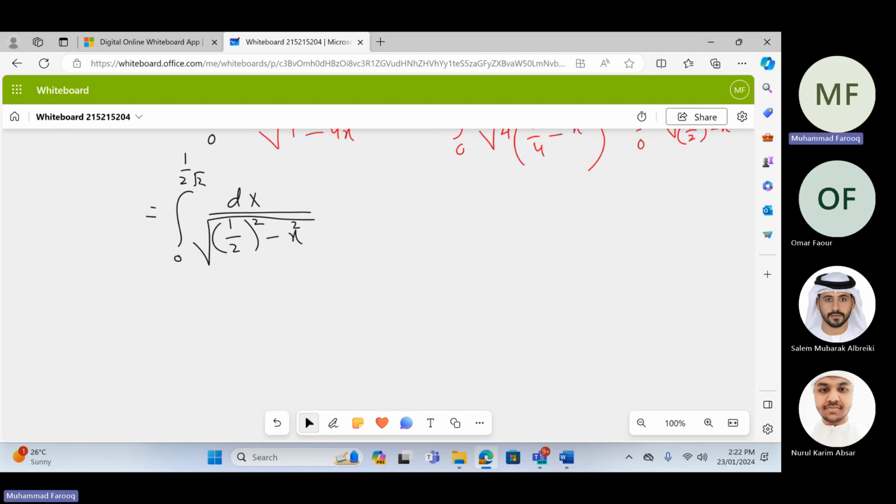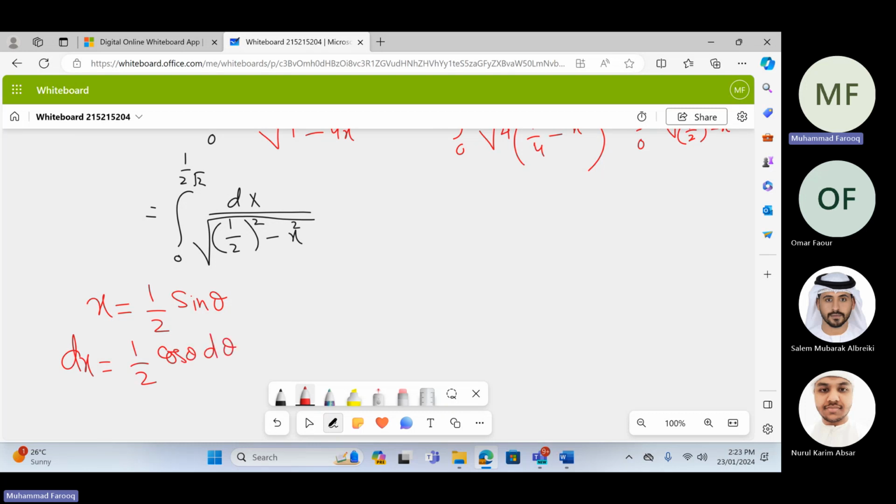Now we start. Let x be equal to a sine theta. How much is a here? 1 over 2. So x is 1 over 2 sine theta. Then dx is equal to 1 by 2 cosine theta d theta. Now please replace this substitution in the question.